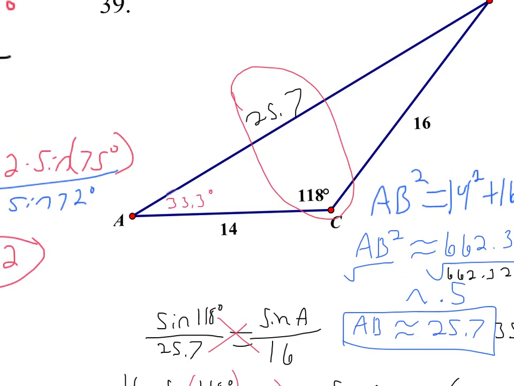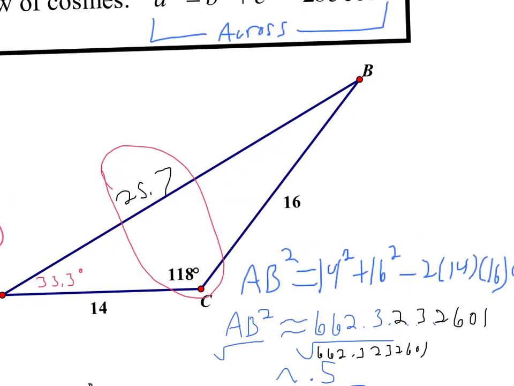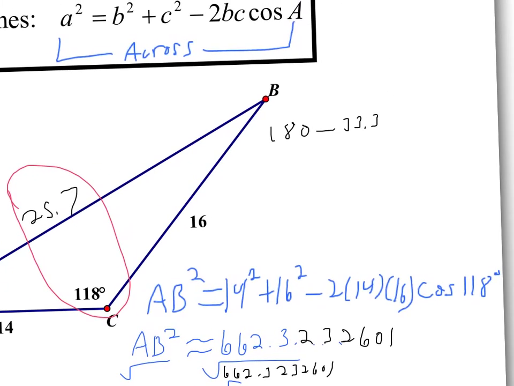So to find the last angle, you can subtract from 180. 180 minus 33.3 minus 118. And that equals 28.7. So the measure of angle B is approximately 28.7.